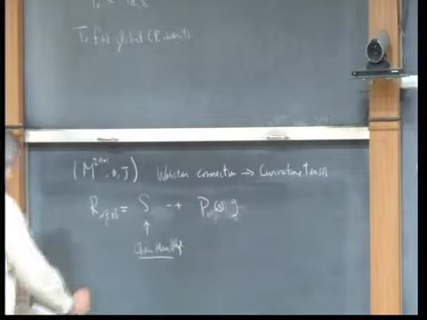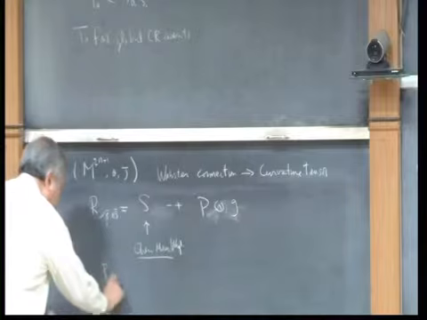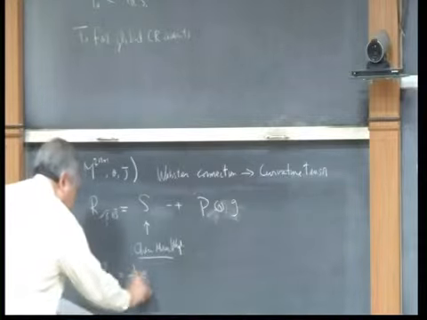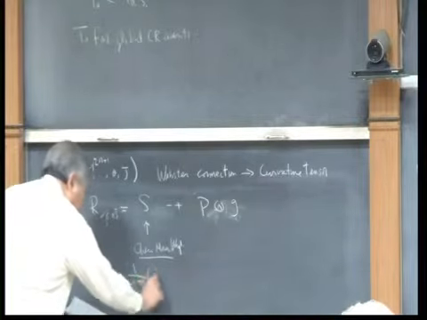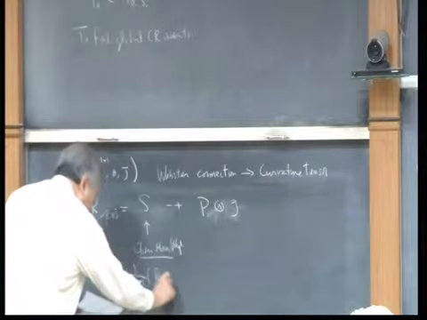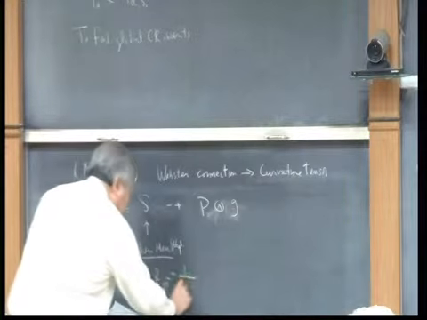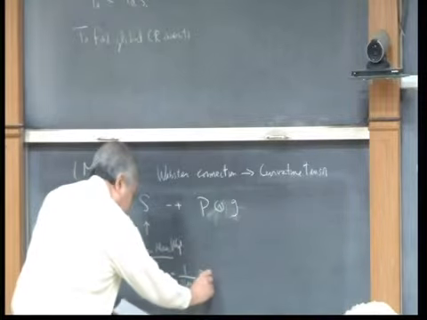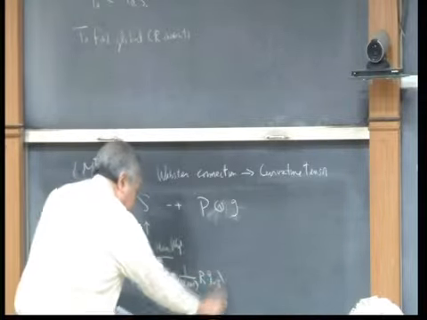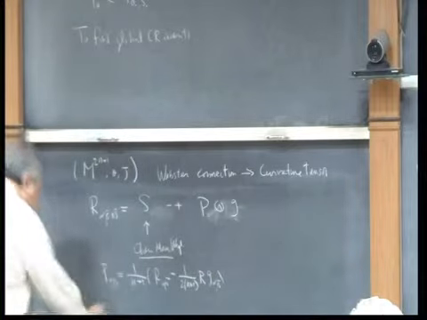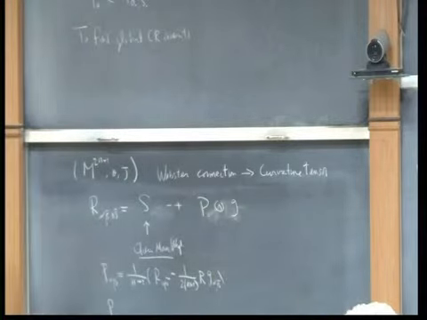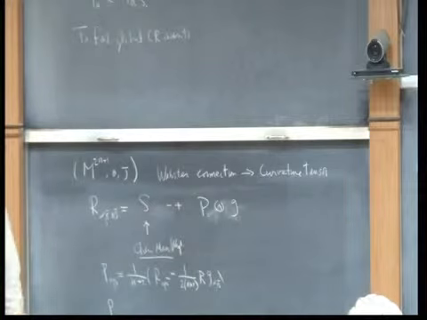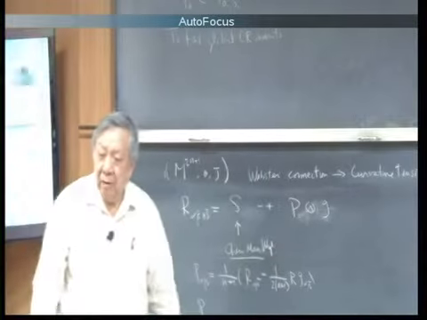So what is this P alpha beta? P alpha beta is 1 over n plus 2 R alpha beta minus 1 over 2 times n plus 1, scalar curvature times g alpha beta. Can you explain this constant a little bit? Why is it n plus 2?